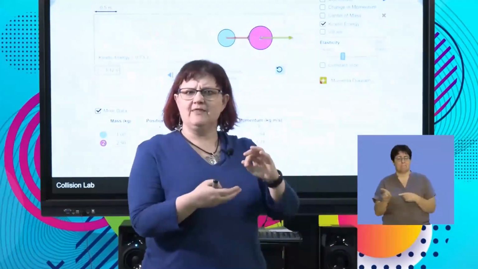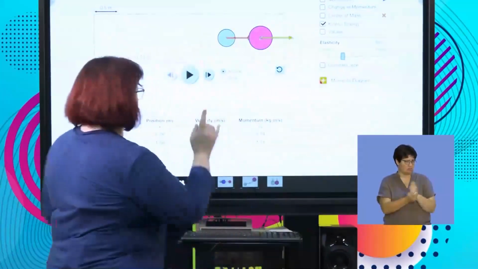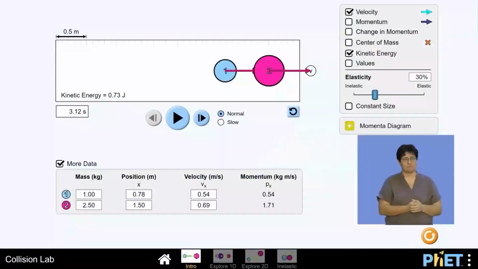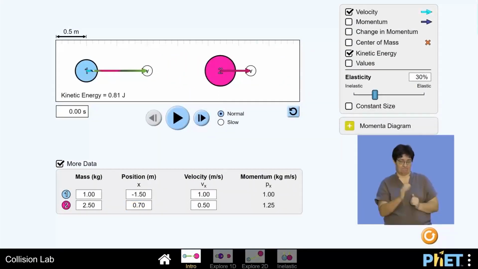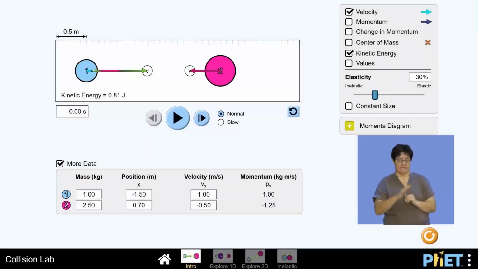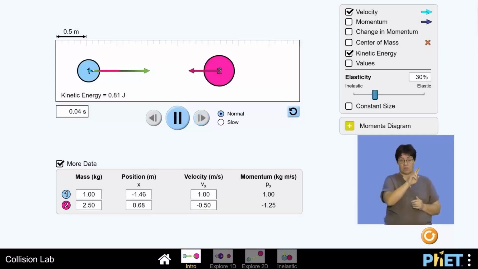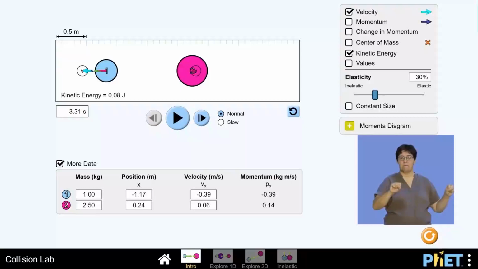But what happens if they change direction? Okay, so let's reset, and let's change that one to be going at minus 0.5. Okay, let's see if it bounces. We got 0,81 kilojoules, so here we go. It doesn't matter that it changed direction.